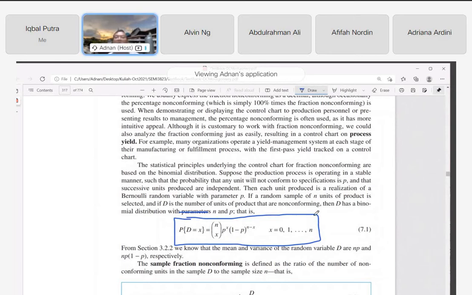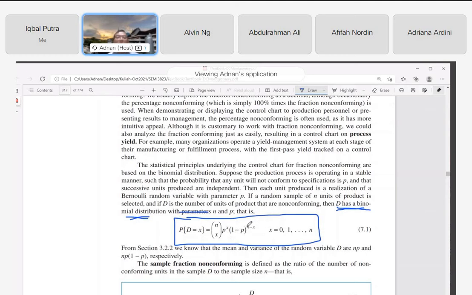D is following a binomial distribution. So the event of non-conforming units happening follows a binomial distribution with N and P. N is the number, and P is the fraction or the proportion.